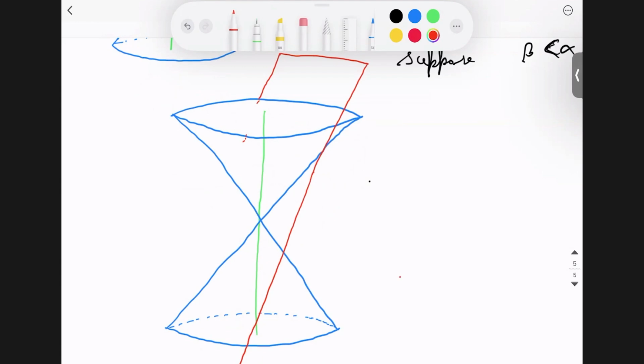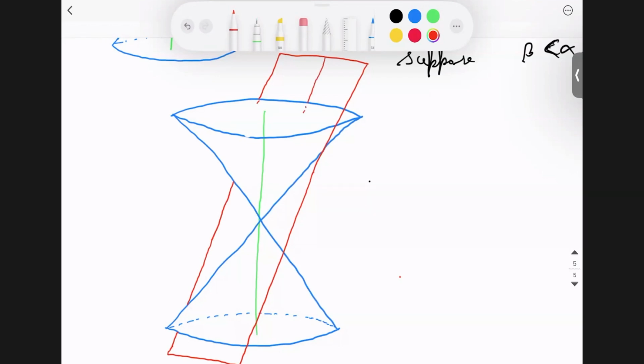Okay, let's not draw this thing. You can understand that this is background. This is working in the background. Okay, and this is the middle point.